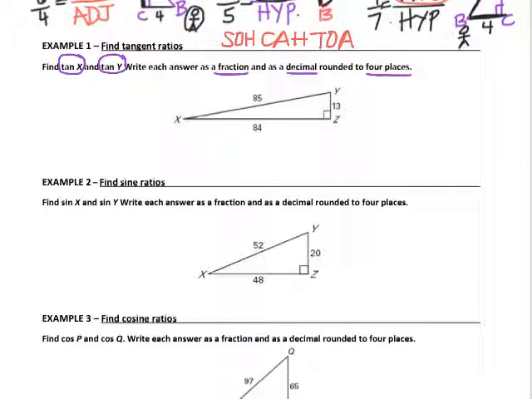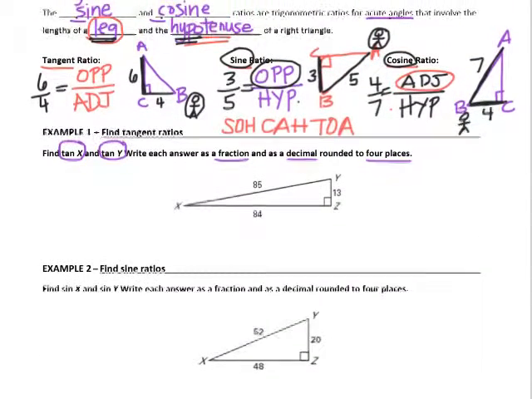That seems a little bit strange, but the T, the O, and the A, that's the TOA part. So tangent is opposite over adjacent.